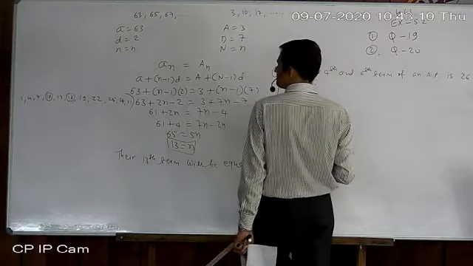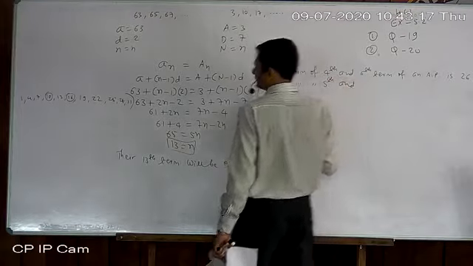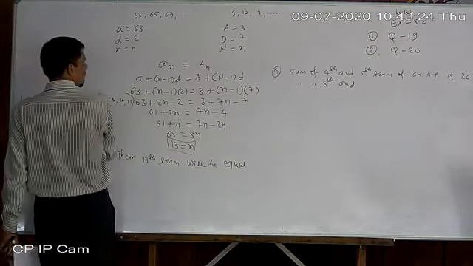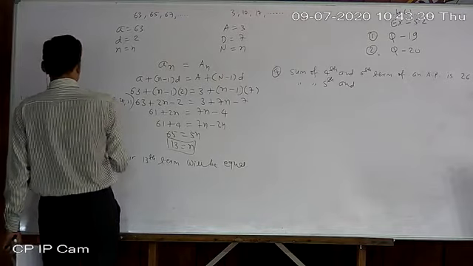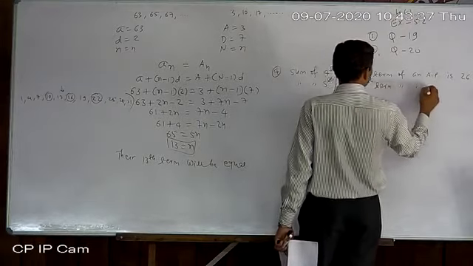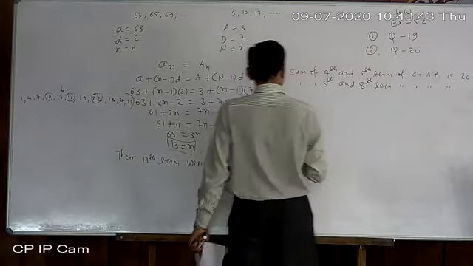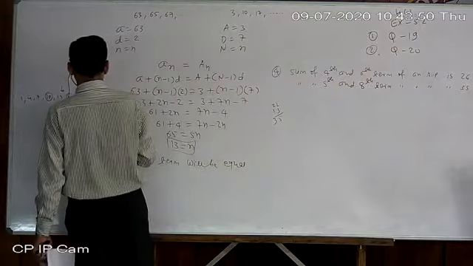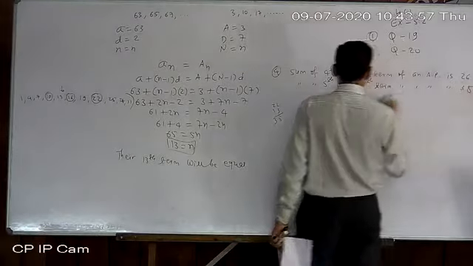The sum of the fifth and eighth terms of an AP is 35. I'm taking the ninth term only.